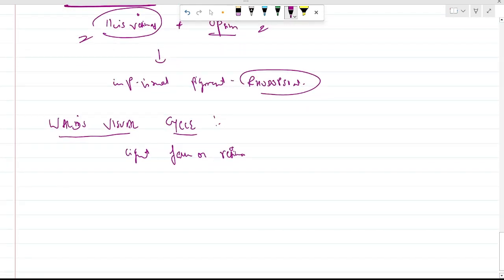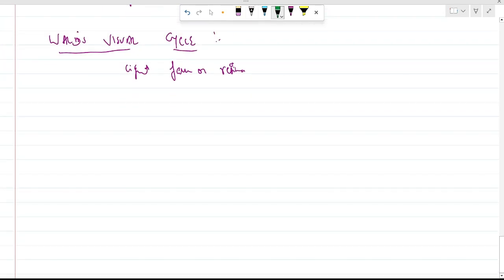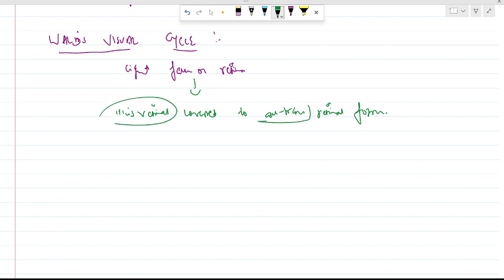These rods contain rhodopsin composed of 11-cis retinal and opsin. When light falls on the retina, the 11-cis retinal form is converted to the all-trans retinal form. Very important to remember.